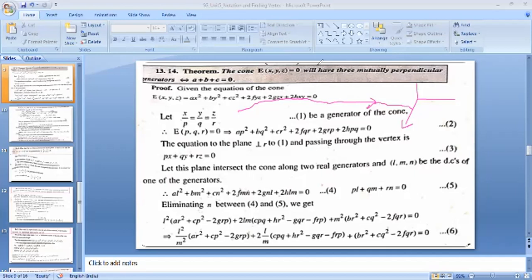Now I'm going to construct a plane perpendicular to this line. So this is the plane.